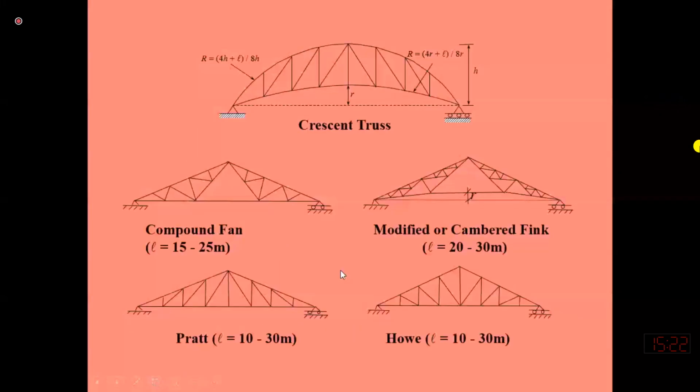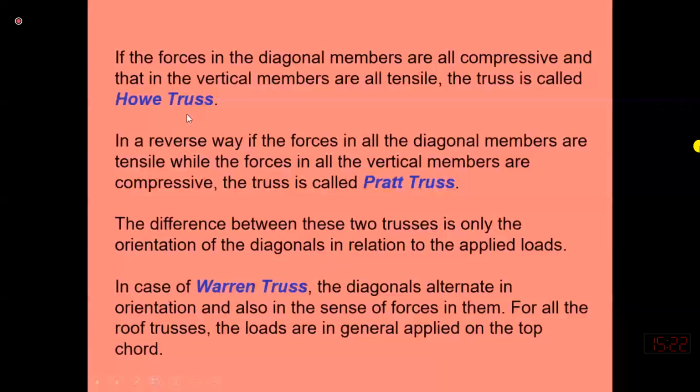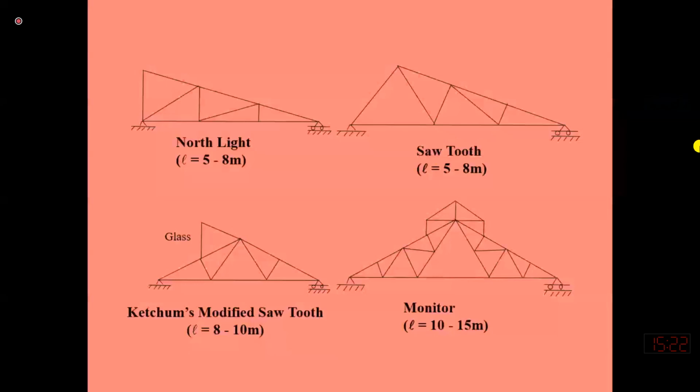Okay, now we have different types of truss. This is the classification with reference to the forces developed in the trusses. This is difficult to memorize, you just need to understand the definition.